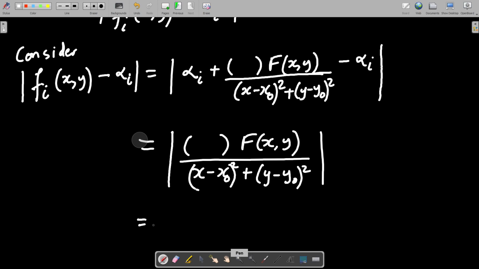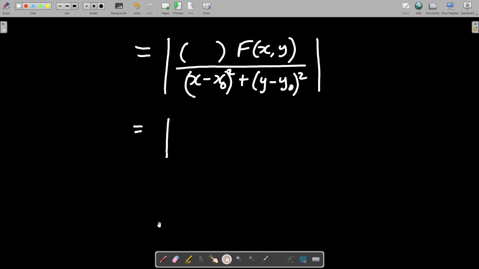So this can be written as a product of two terms. I can express this as a product of two terms: one, the bracket term, and one will be the f of (x,y) term. But you will say the denominator is only one here. I will split it as a root sign.